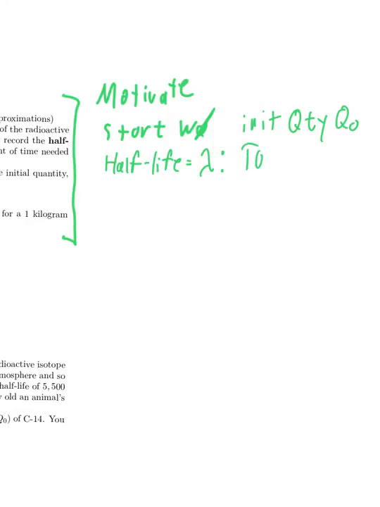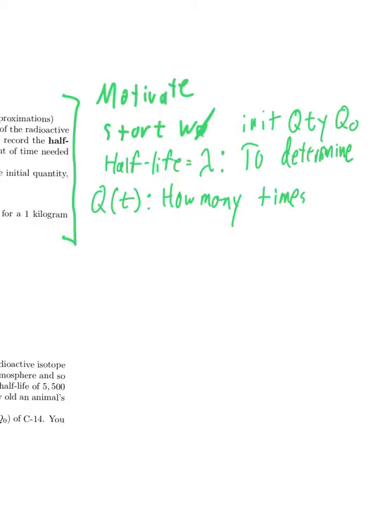So to determine the quantity at some time t, here's all you need to think about. Just think about how many times must I divide by 2.